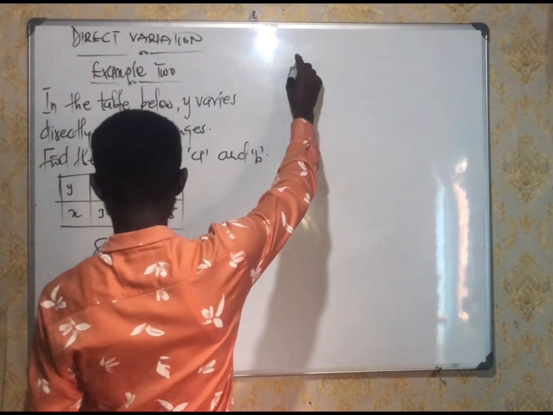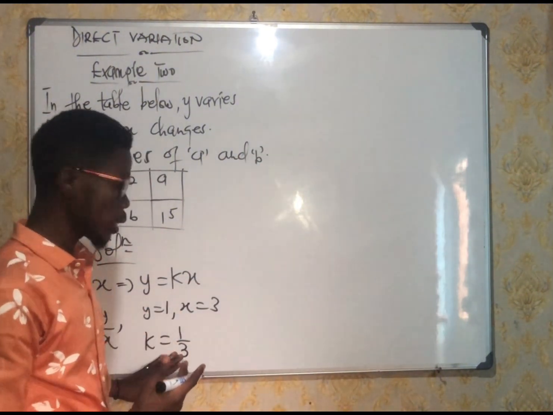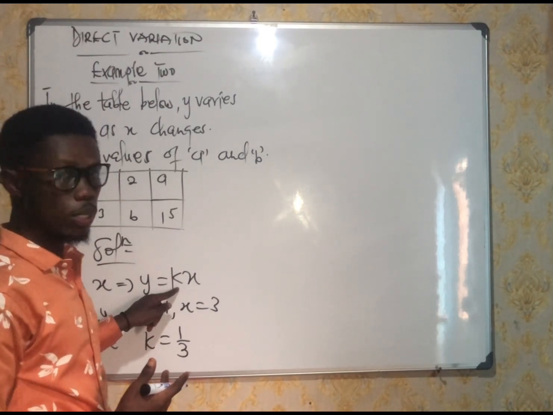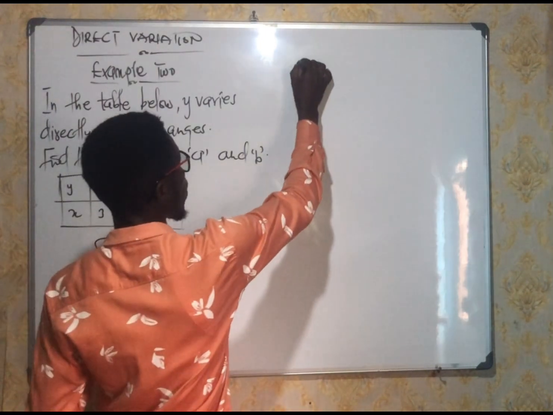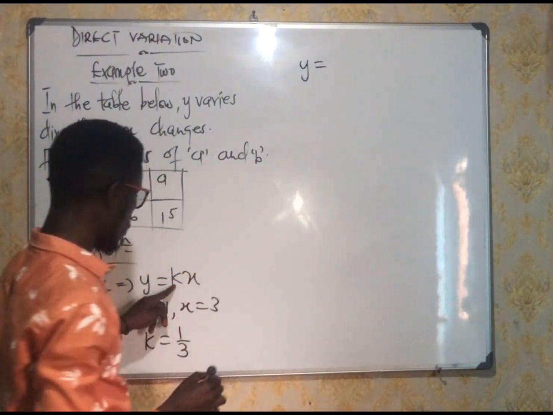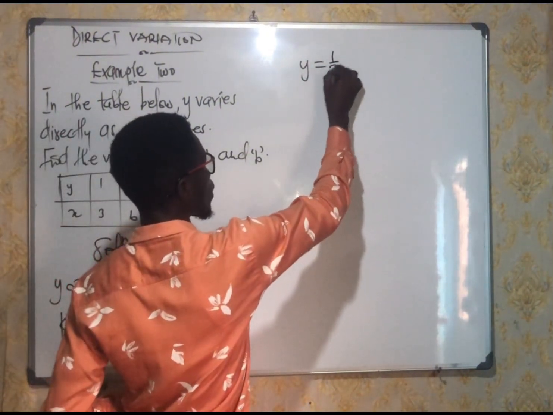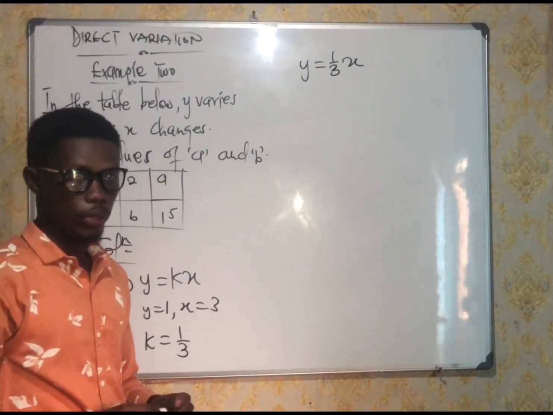So from there, I have to come back to what we did in example number 1. See that after getting the k, you go back to the equation and substitute the value of k there. So my y will now become, instead of k, 1 over 3, so I have y equals 1 over 3x. Is that all right? Very good.